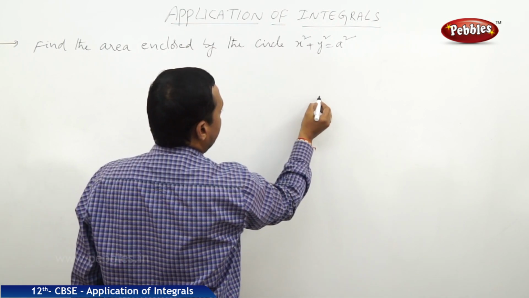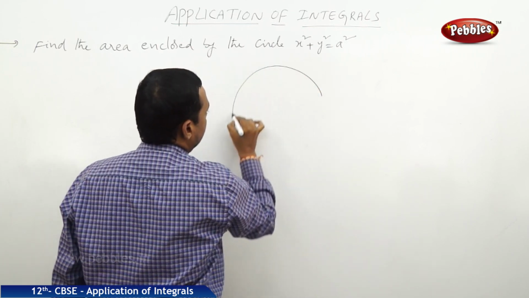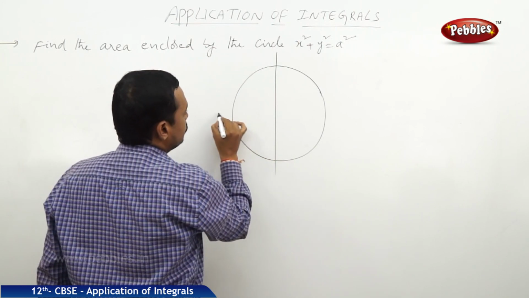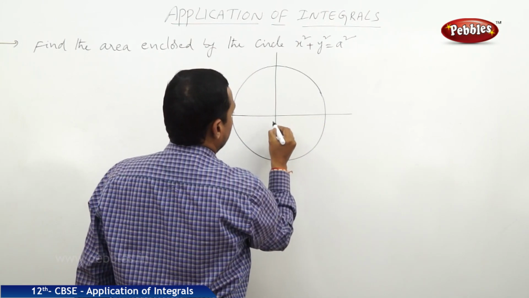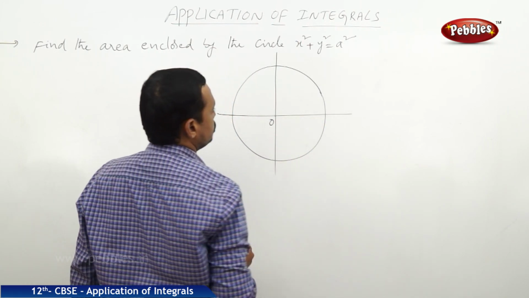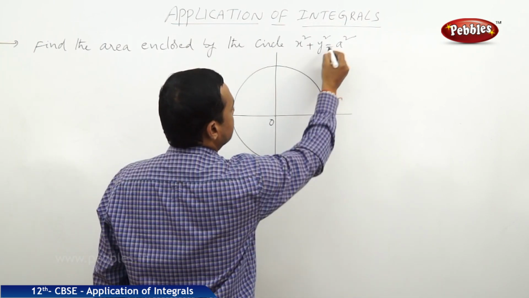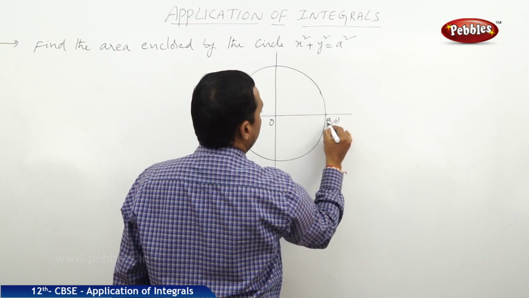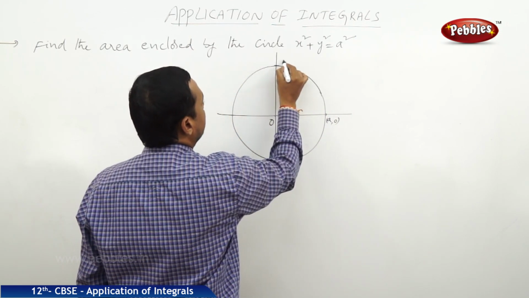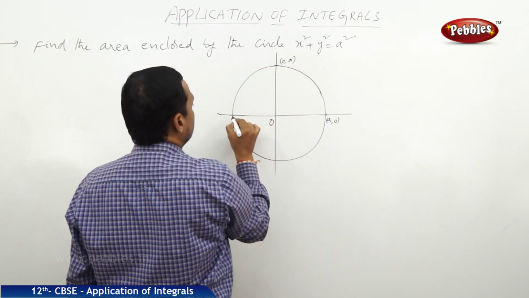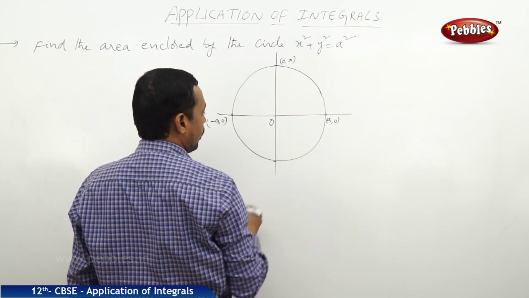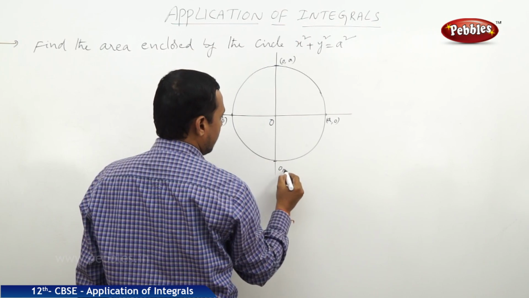Geometrically, it is a circle whose center is at the origin. This is the origin (0, 0), and the radius of the circle is a, so this point is (a, 0), this point is (0, a), this one is (minus a, 0), and this point is (0, minus a).